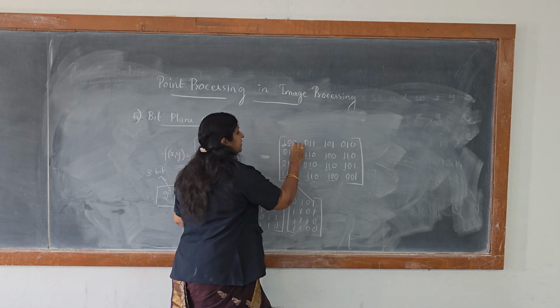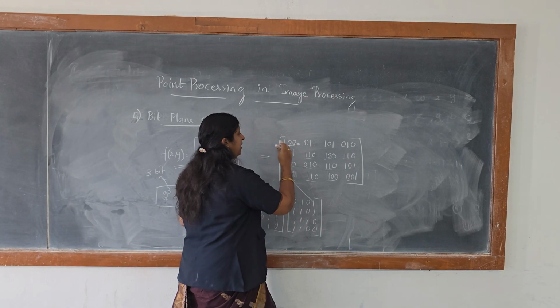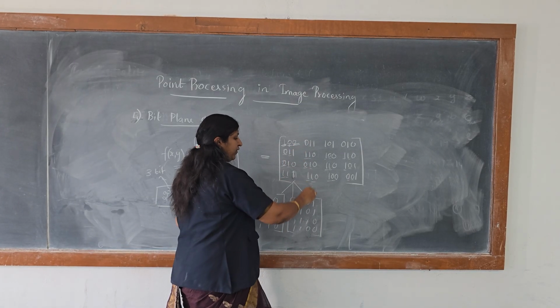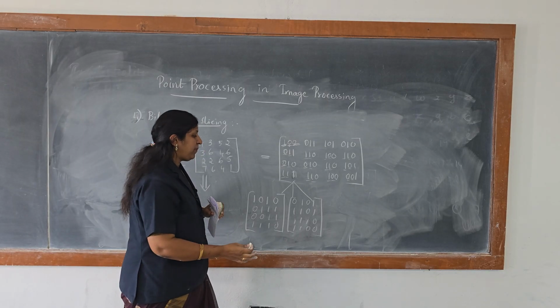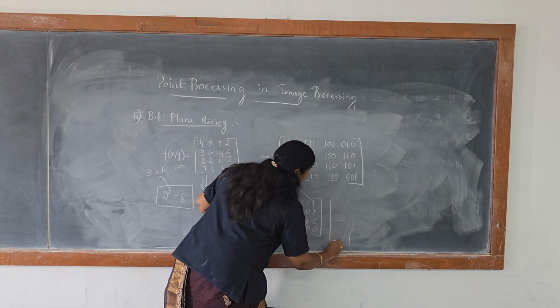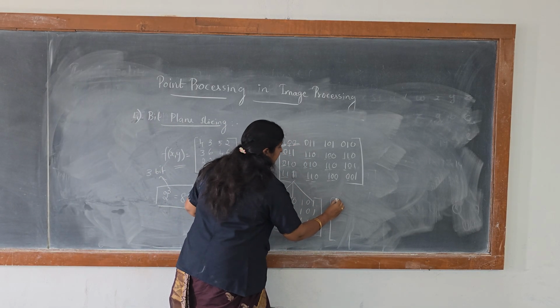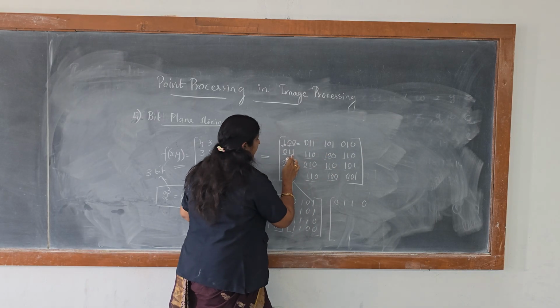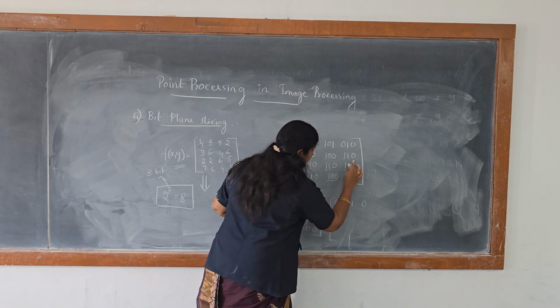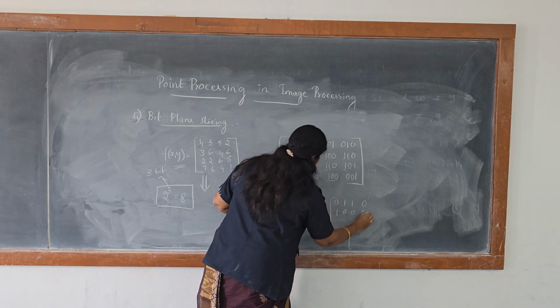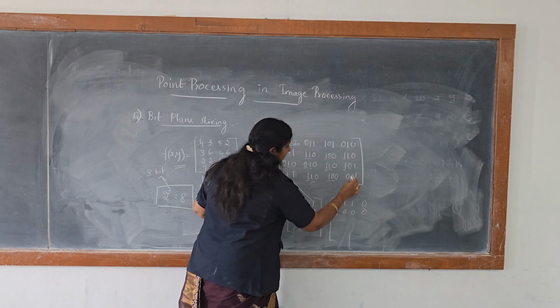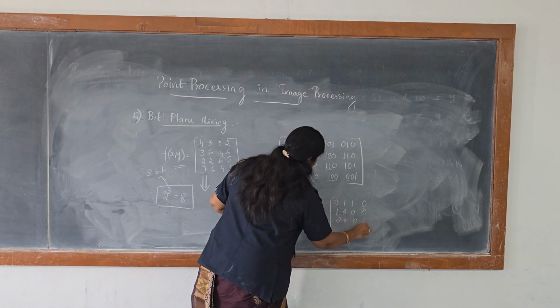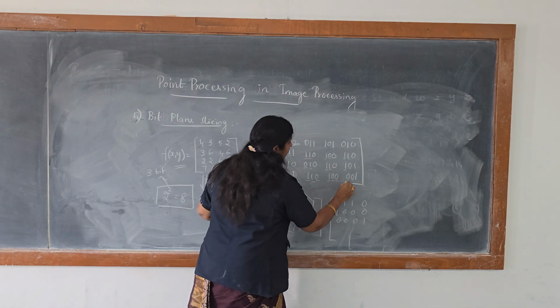And the least significant bit, that is the rightmost bit. If you consider it separately, you will get another binary form: 0 1 1 0, 1 0 0 0, 0 0 0 1, and 1 0 0 1.